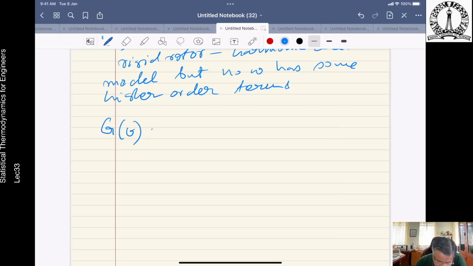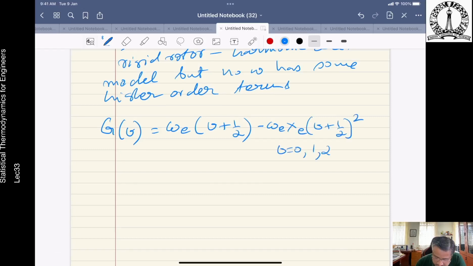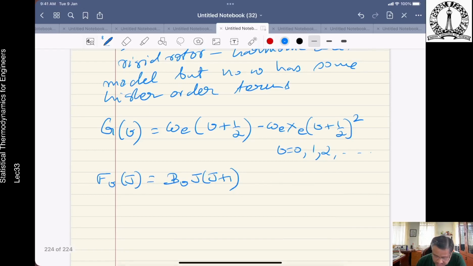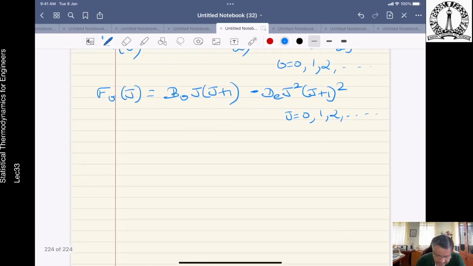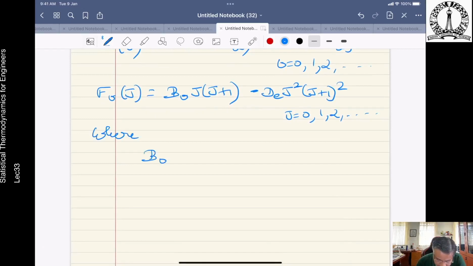G_v is equal to omega_e (v plus half) minus omega_e x_e (v plus half) whole squared, where v equals 0, 1, 2, and so on. Similarly, F_vJ is given as B_v J(J plus 1) minus D_e J squared (J plus 1) whole squared, J equals 0, 1, 2, and so on, where B_v is equal to B_e minus alpha_e (v plus half).